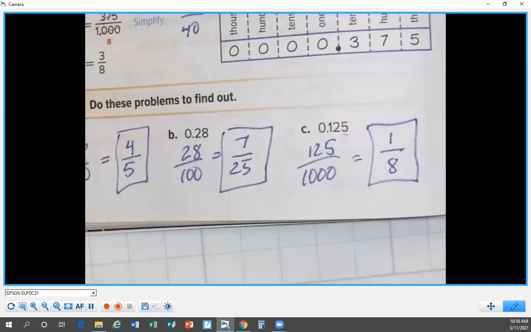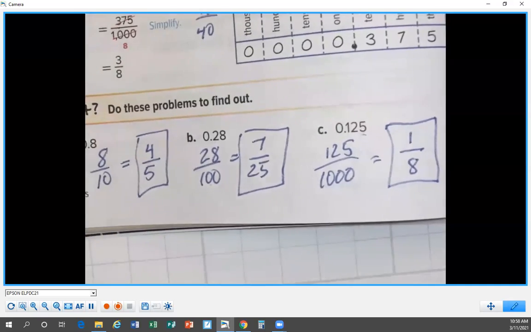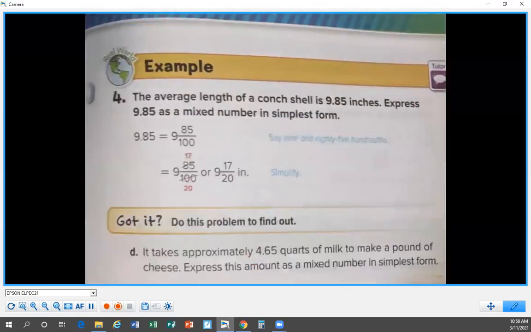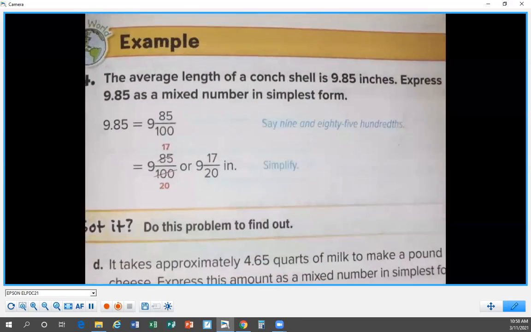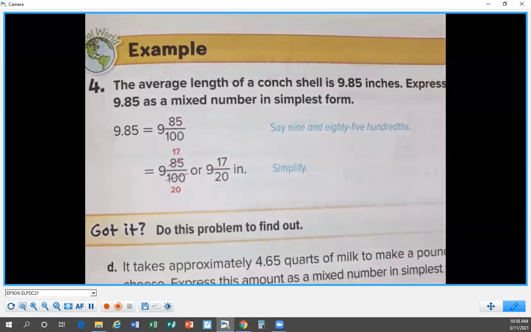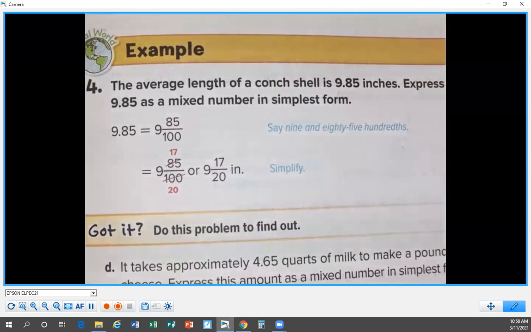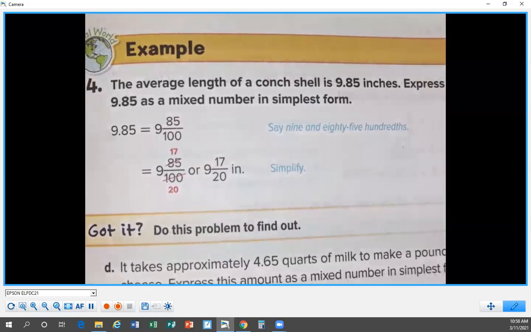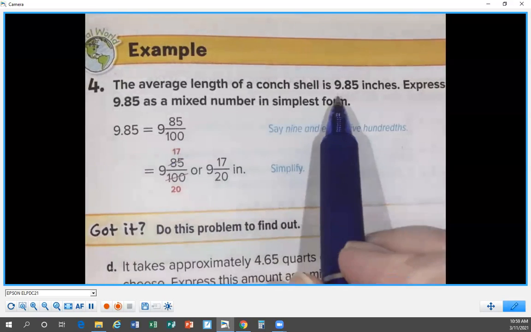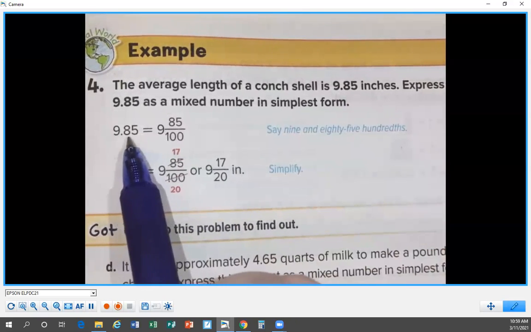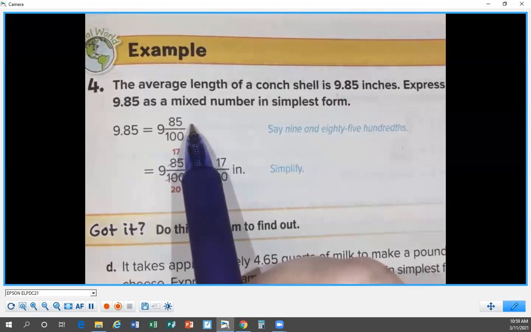All right, example 4 at the top of page 90. Okay, so the average length of a conch shell is 9.85 of an inch. Express 9.85 as a mixed number in simplest form. Okay, so when we read it, it's 9.85 as a decimal.